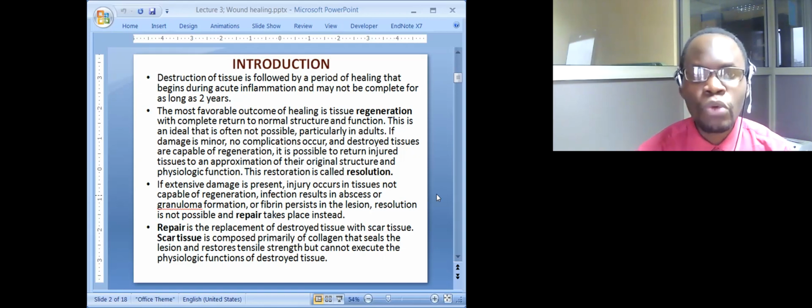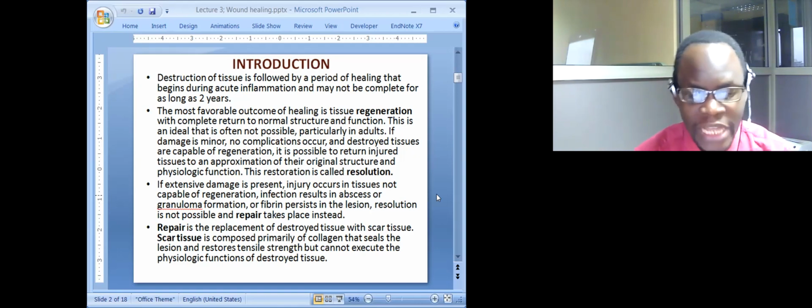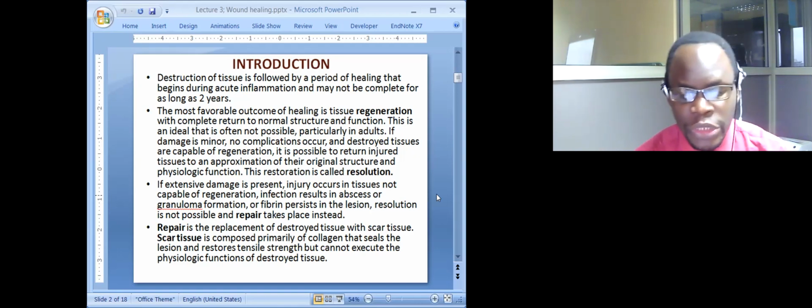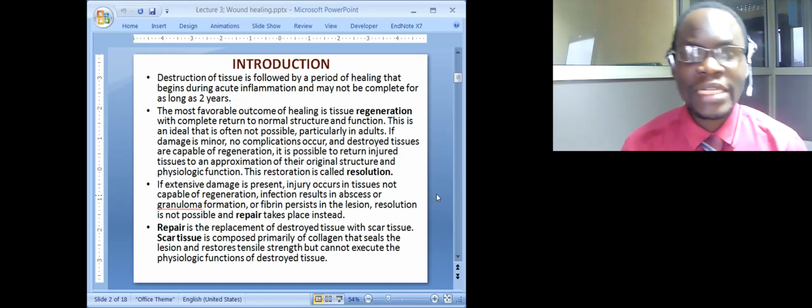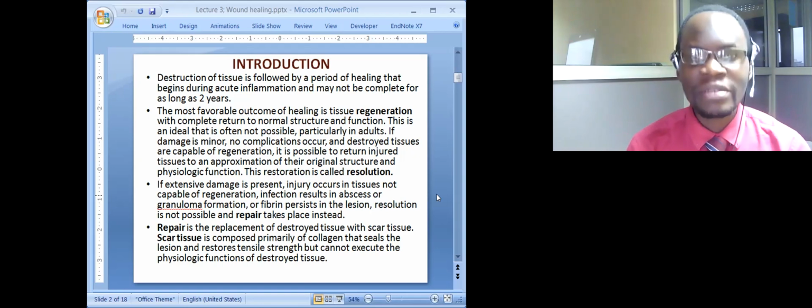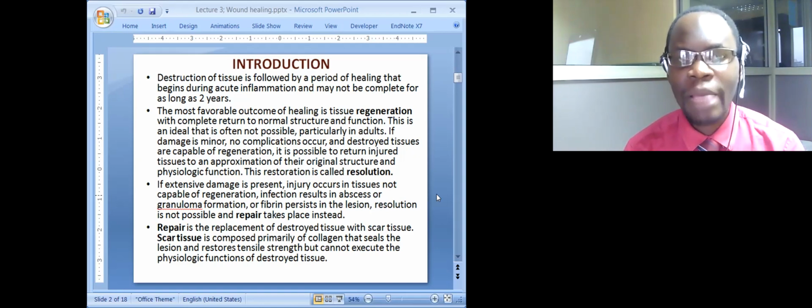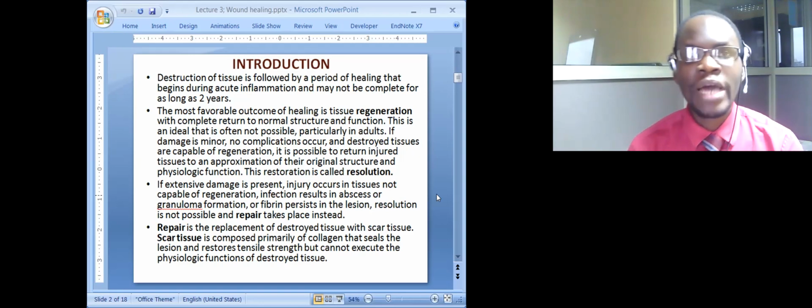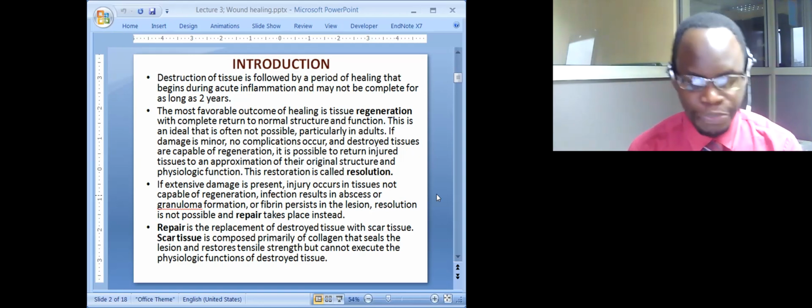In other words, the wound healing occurs by repair. So repair is replacement of destroyed tissue with scar tissue. In other words, the tissue that is replaced is not the same as what was there before, and what is replaced is what we refer to as scar tissue.